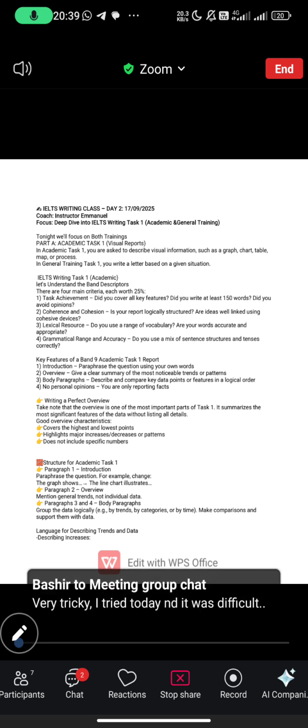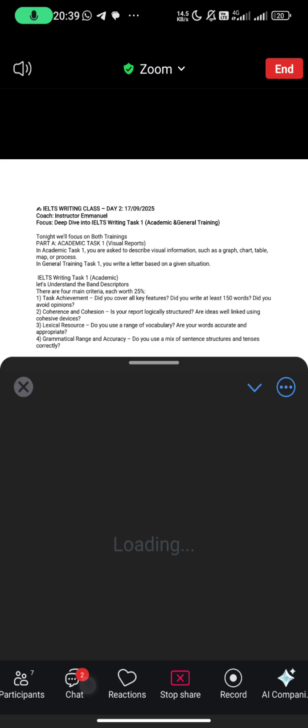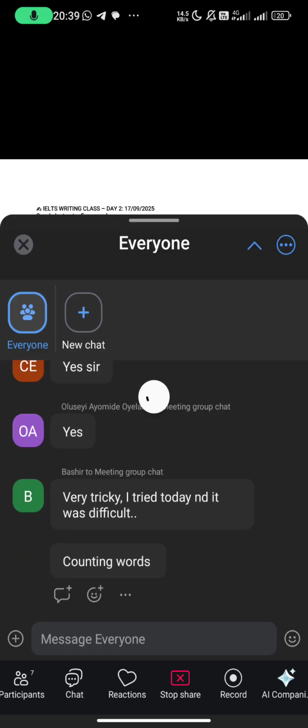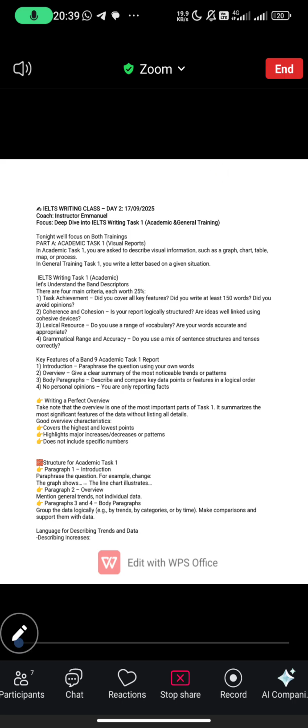The next one is coherence and cohesion. Someone said it was very tricky. I tried it today and it was difficult. What exactly? Let me check. Okay, counting words. Like I told you, just do it this way. It's very easy. Count the first row, then multiply it by the number of rows you've covered. That's all. It's not difficult.